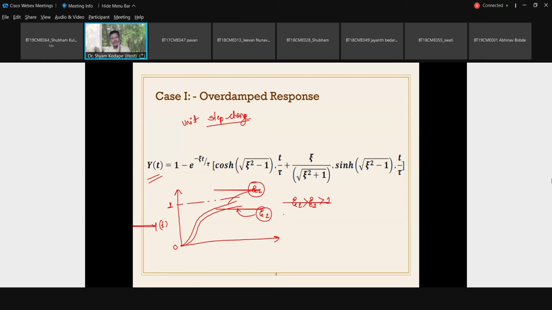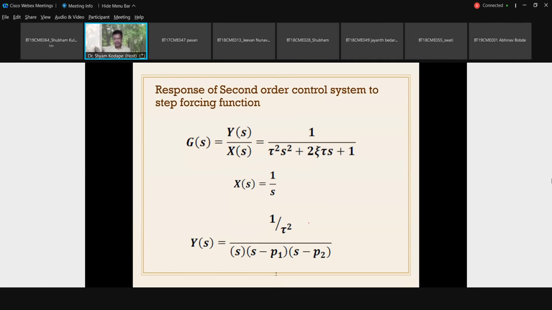So generally it is observed when multi-capacity systems come into the picture. ठीक है, remember आपको ये equations याद रखने हैं for the step change, for the overdamped response. y(t) will be like this. अब y(t) का expression कैसे आया, you know, because I have Y(s), and from this equation I put in the step change. Then I used all the partial fractions and the p1, p2 values, and so I got this.